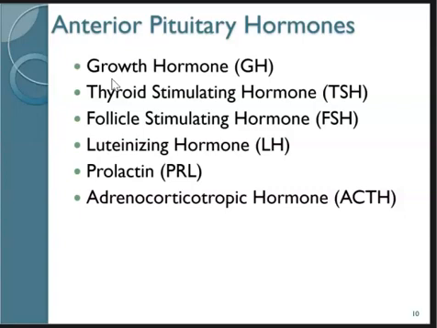Follicular stimulating hormone, you can think of as producing the gametes, in terms of ovum and sperm. Luteinizing hormone, you can think of as the hormone that helps to produce the hormones produced by the gonads, whether it's testosterone by the testes or estrogen and progesterone by the ovaries.